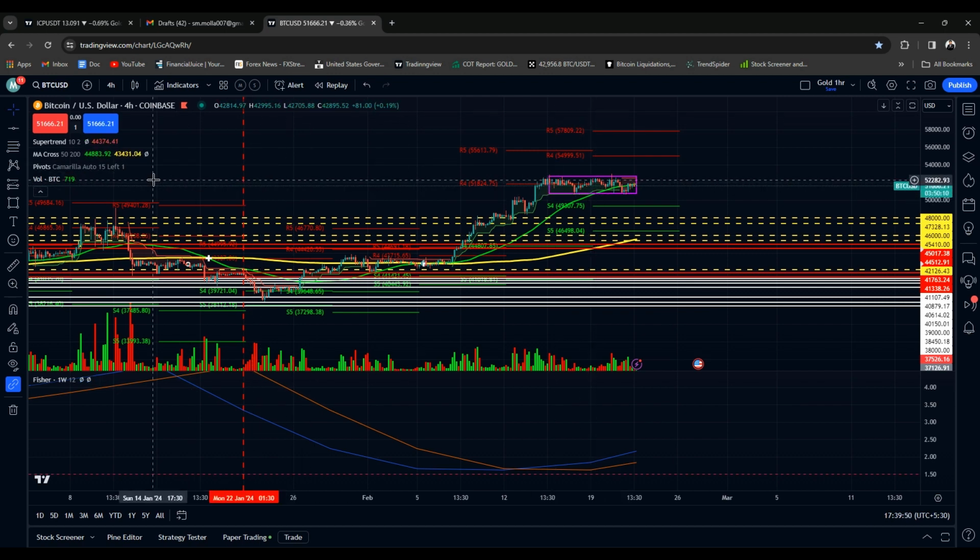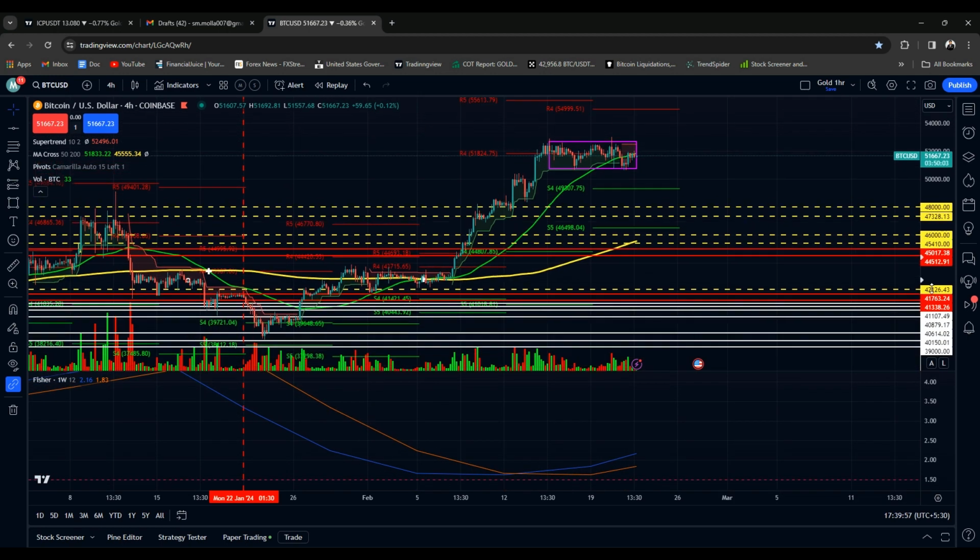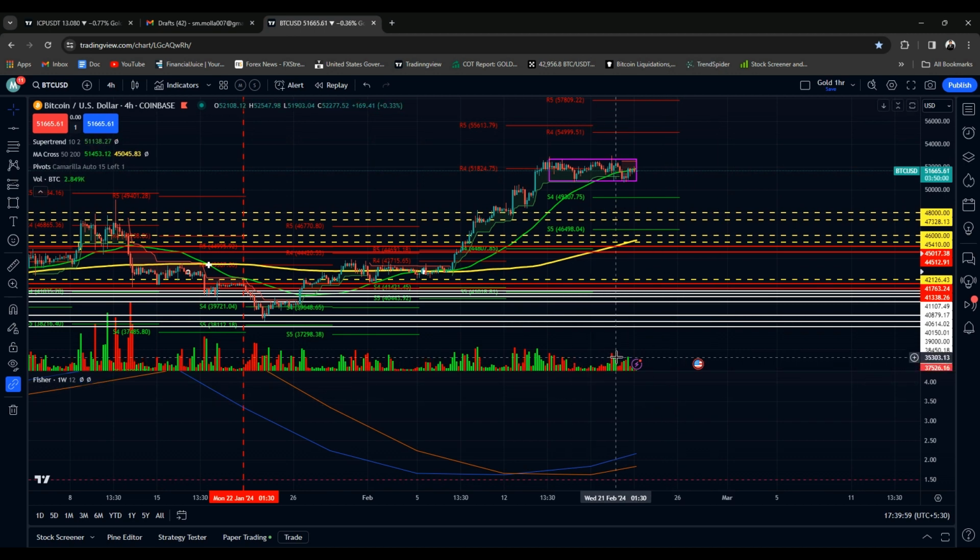The volume, if we look at it again, is dominated by the bearish side of the market in the last 7 days or so. We are seeing larger red volume candles than bullish ones.